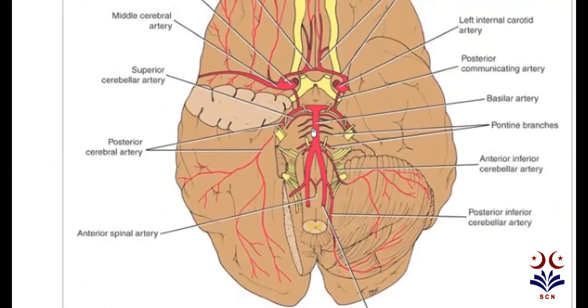This is the vertebral artery. I told you the various branches of the basilar artery, and again you see these are the pontine branches, lying on the pons. And as this basilar artery ends at the level of the pons, it divides into two branches, which are the posterior cerebral arteries, right? You see this.